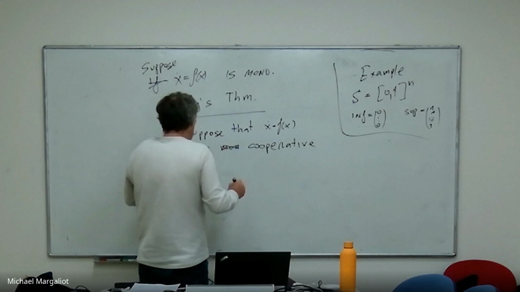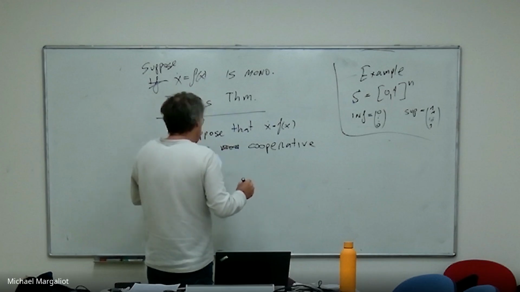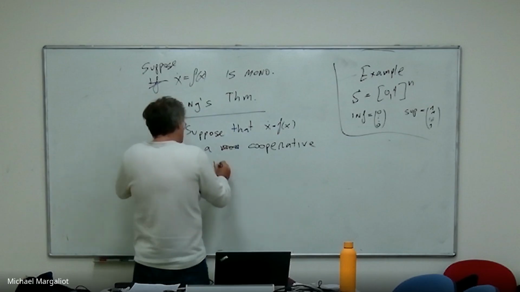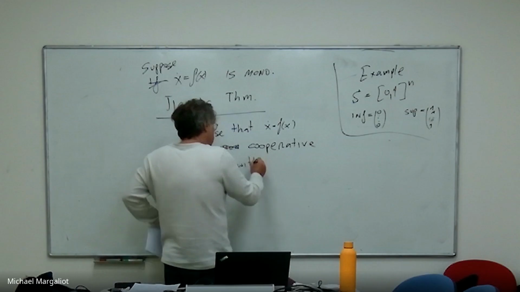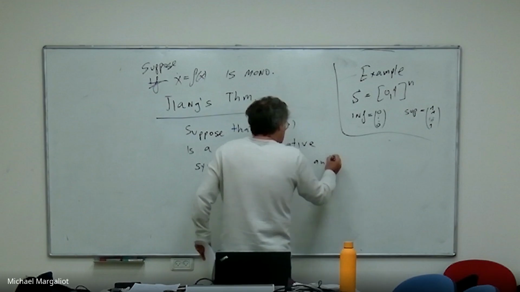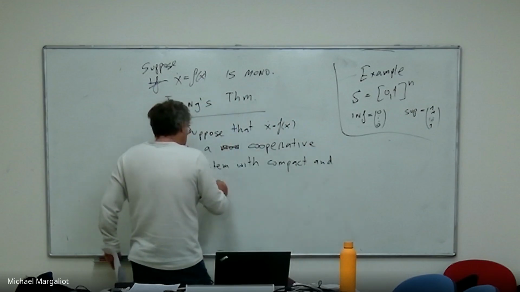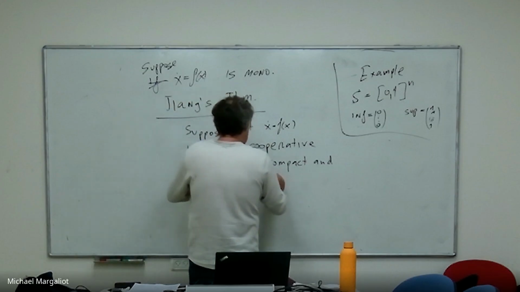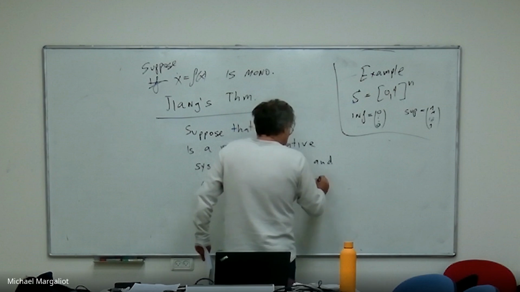It's a cooperative system with compact and convex state space omega.